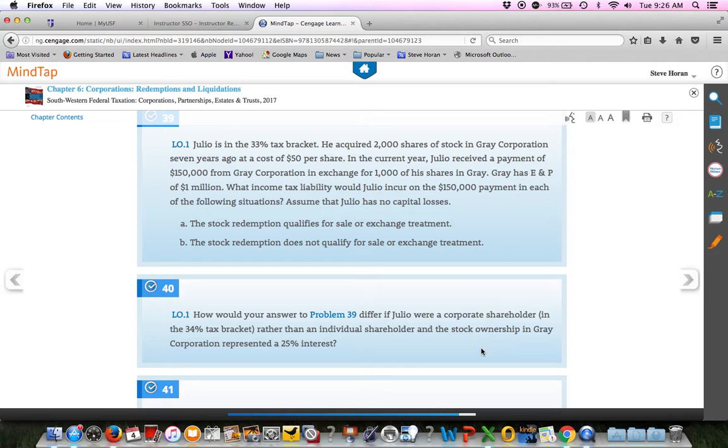Basically, the $150 received minus a $50,000 basis is a $100,000 gain times 34%. So corporations do not receive the favorable long-term gain tax rate that individuals do. Individuals pay 15% on that, but corporations pay whatever their bracket is, 34% in this example.